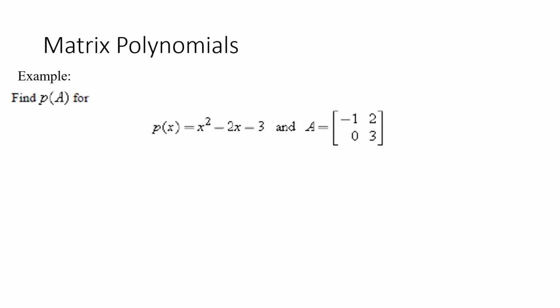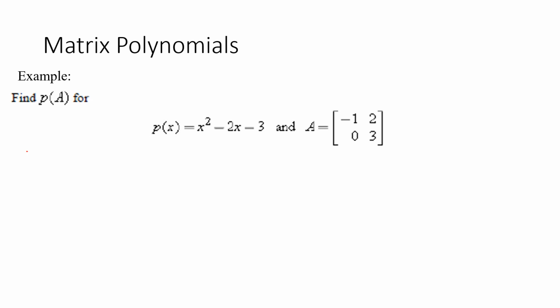For example, find the polynomial of matrix A for the polynomial x squared minus 2x minus 3, where A is the matrix negative 1, 0, 2, 3.